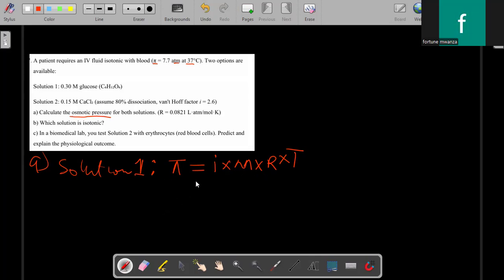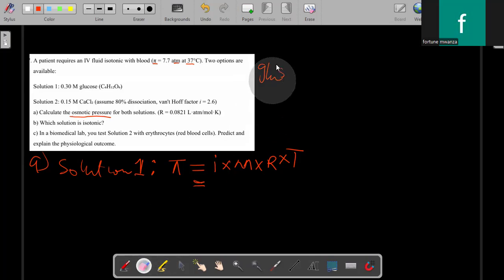So let's calculate our osmotic pressure for solution 1. What's the Van't Hoff factor for solution 1? You have your glucose molecule, and this glucose molecule does not dissociate.